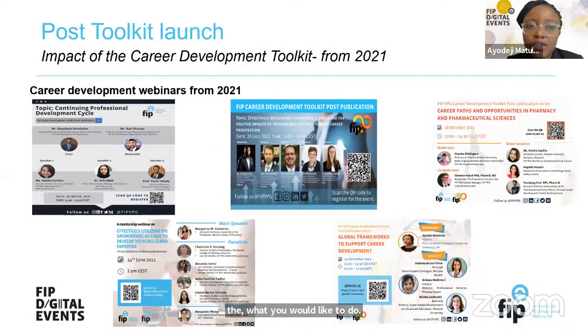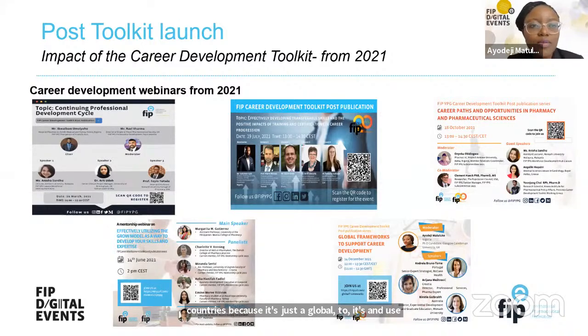Since we launched the toolkit in 2020, one of our goals was to make sure that we're not just launching it, but also disseminating it and taking each chapter of the toolkit and making sure that people are aware of it globally, and see how people can take it up in their different countries, because it's a global toolkit, but how can people tailor it and use the additional tools available from FIP?